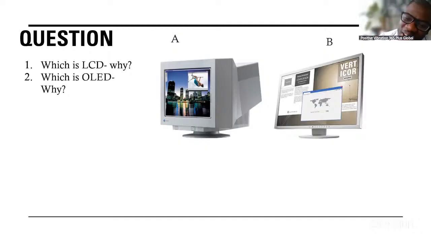So I want to go back to reasoning with you now and ask you which of these two, LCD or OLED, has the thinnest screen? OLED. OLED, absolutely. But remember that I told you that LCDs are neater and nicer and able to fit into your computer room and save space.